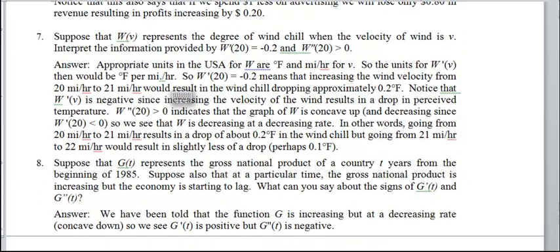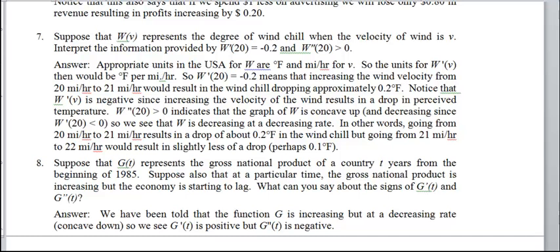Well, we've been told that G is increasing, but at a decreasing rate. So G prime is positive, that means it's increasing, but it's increasing at a decreasing rate, so G double prime is negative. The economy is the rate of growth of the gross national product.